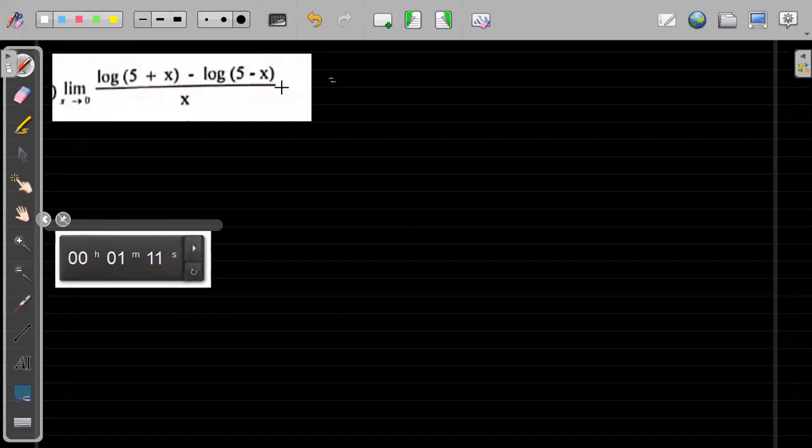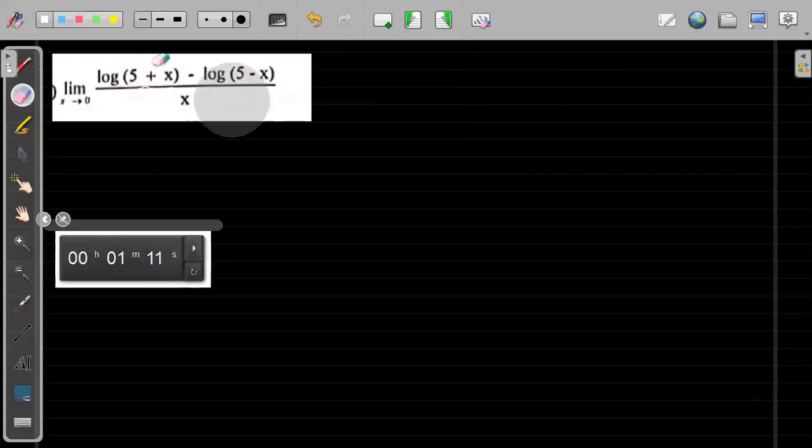So what we can do, limit of x tending to 0 of log of (5 plus x) by (5 minus x) over x. We know the form log of (1 plus x) divided by x equals 1, but here we have something multiplied here. This is 5, so we can convert the inside.